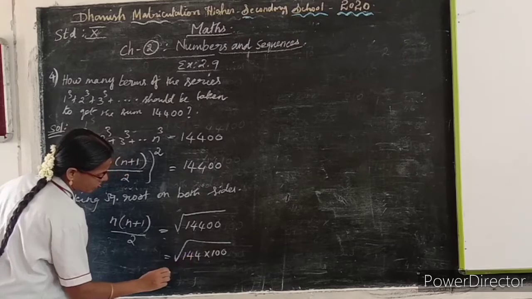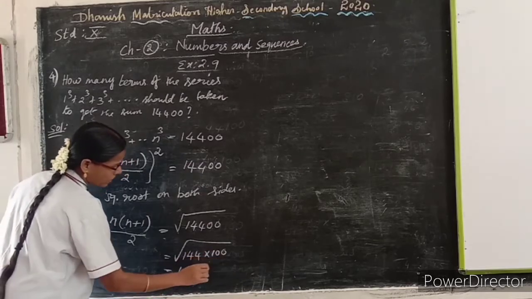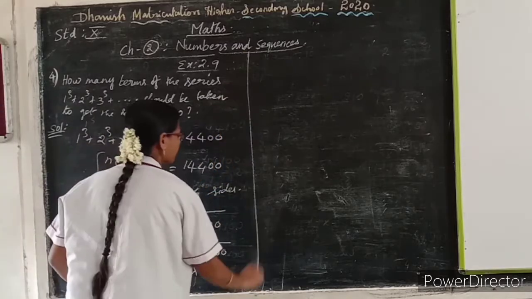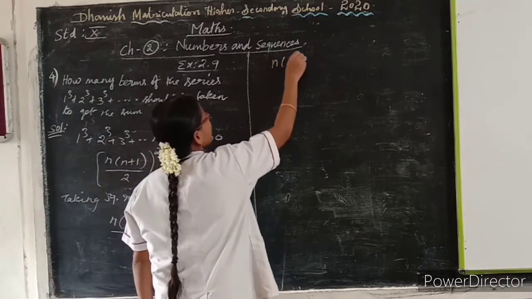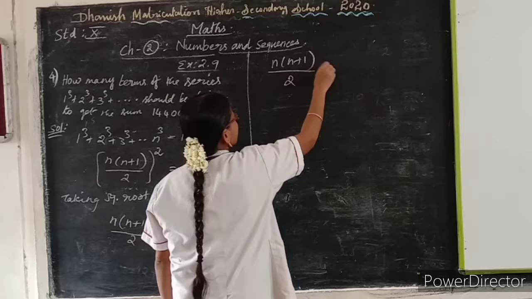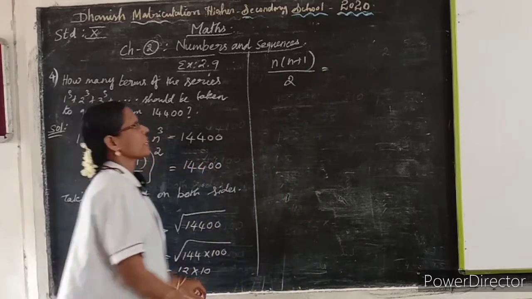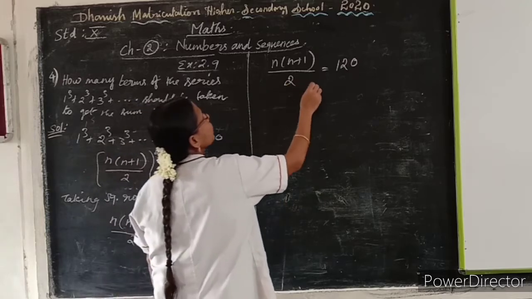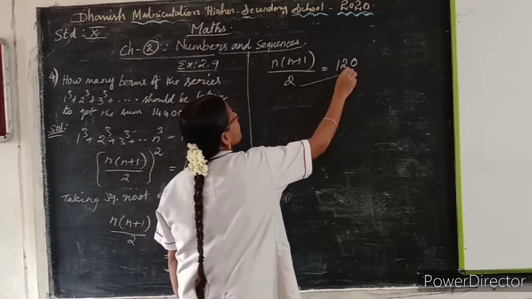Square root of 144 is 12, square root of 100 is 10. So n into (n plus 1) by 2 is equal to 12 into 10, which is 120.